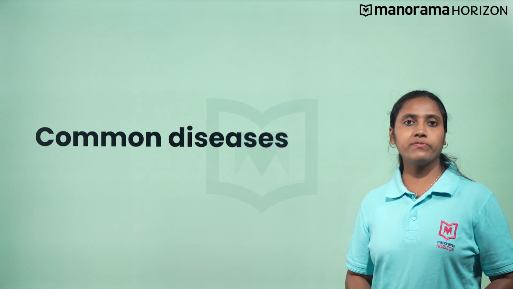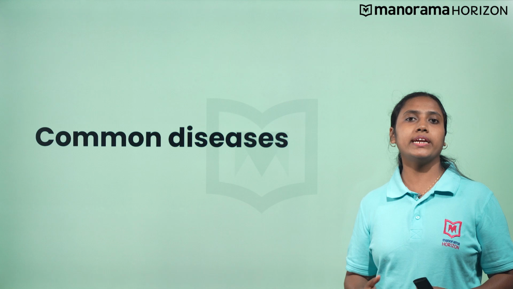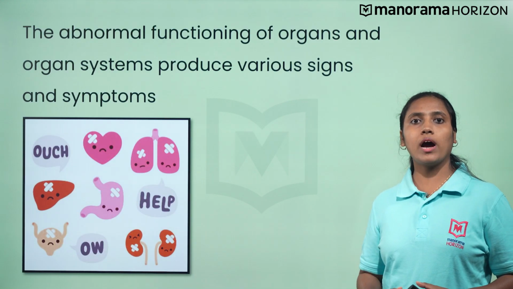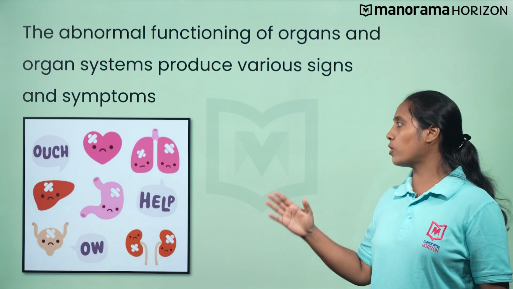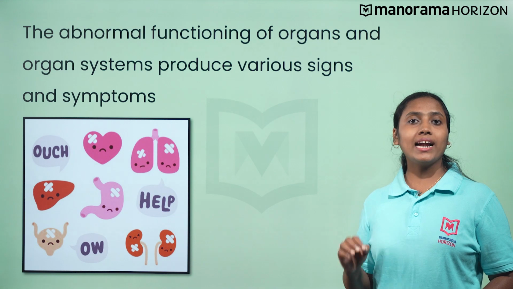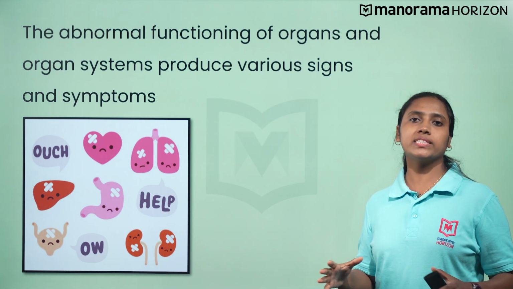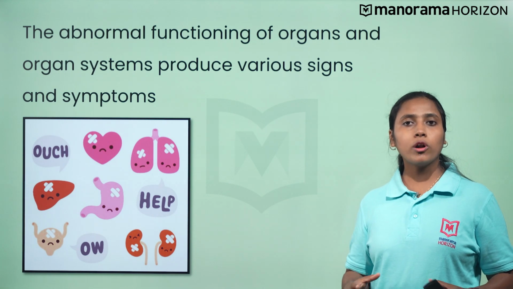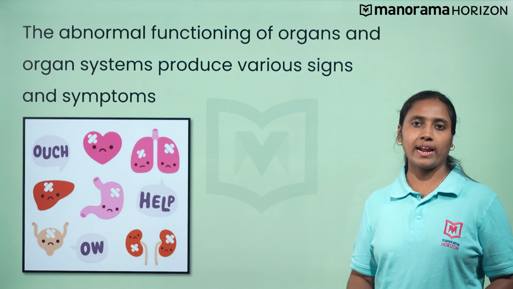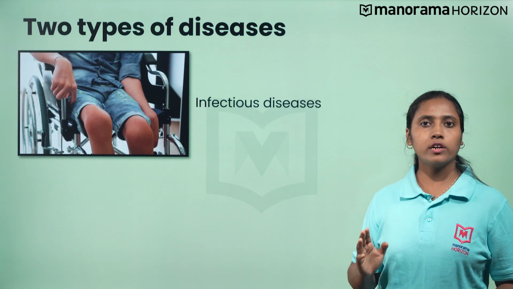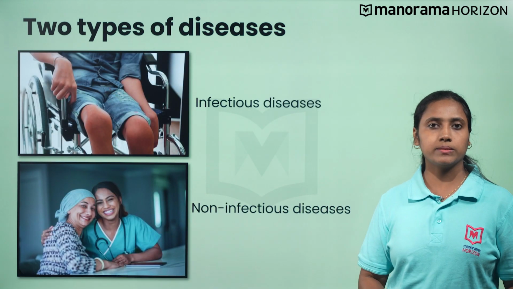How can we identify or detect a problem related to our body? When the functioning of one or more organs or organ system of body is affected, that is characterized by various signs and symptoms. Diseases can be broadly grouped into two categories: infectious disease or non-infectious disease.